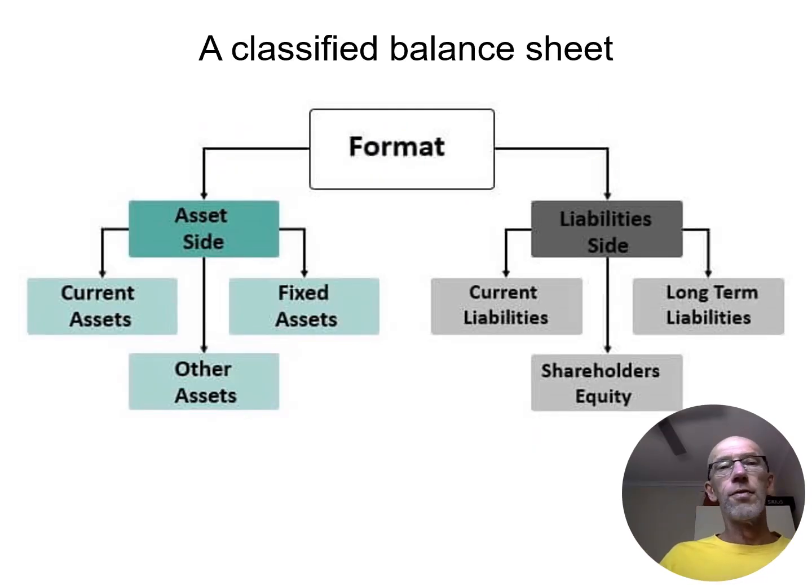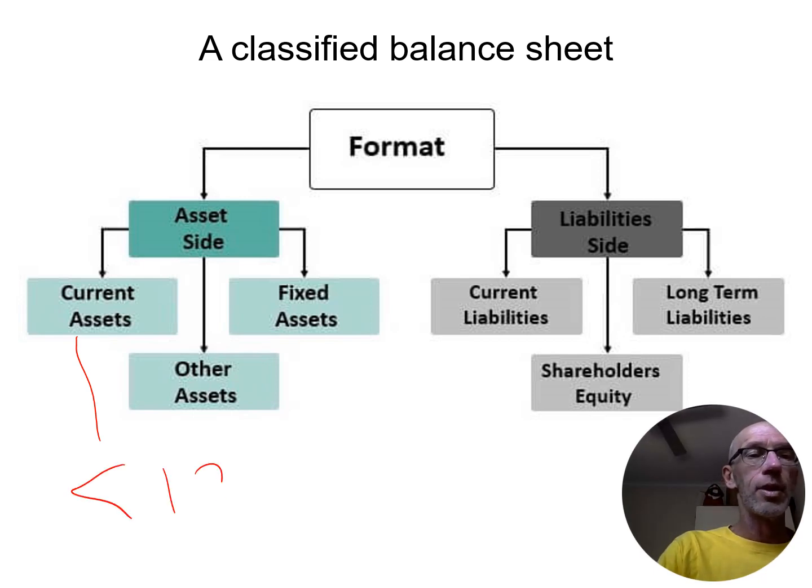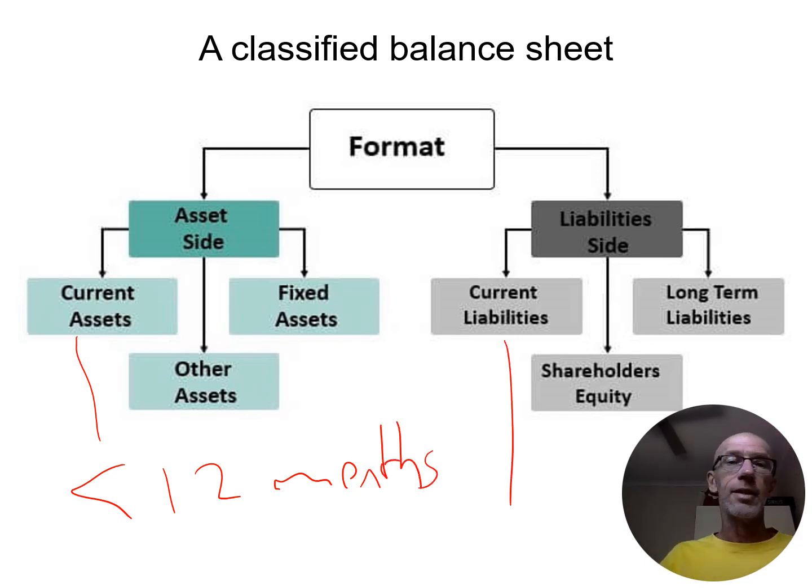Now, in the VCE course, we classify our balance sheet into current and non-current assets and current and non-current liabilities. Current assets are expected to be converted into cash or used up within less than 12 months. Likewise, with our current liabilities, we expect to make that sacrifice as a result of an economic obligation within 12 months.